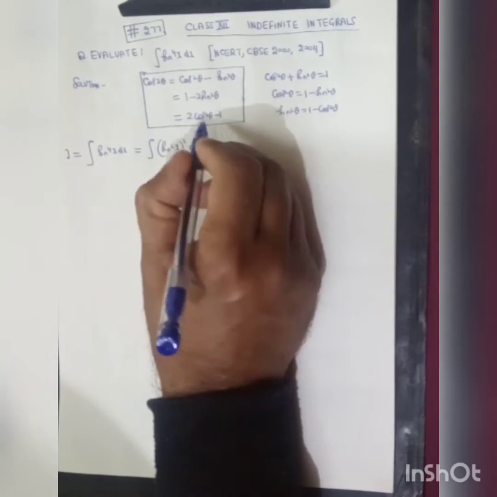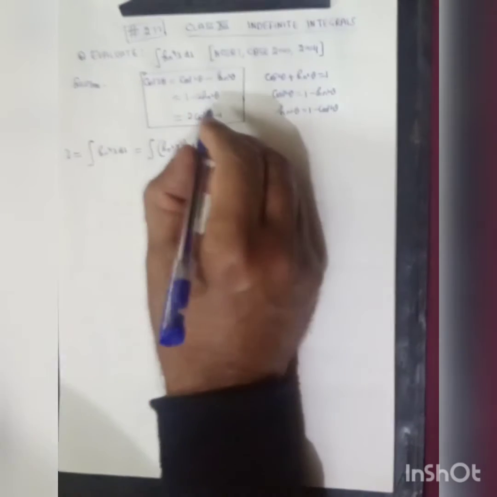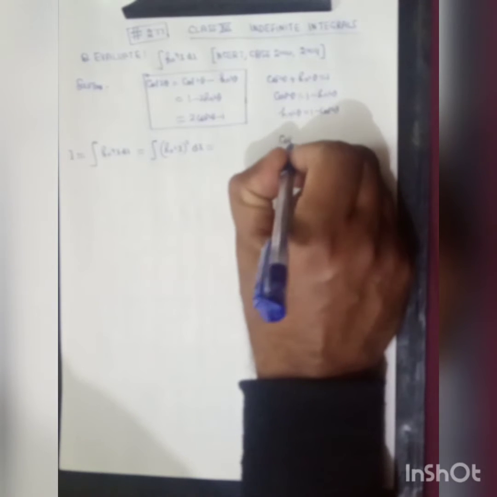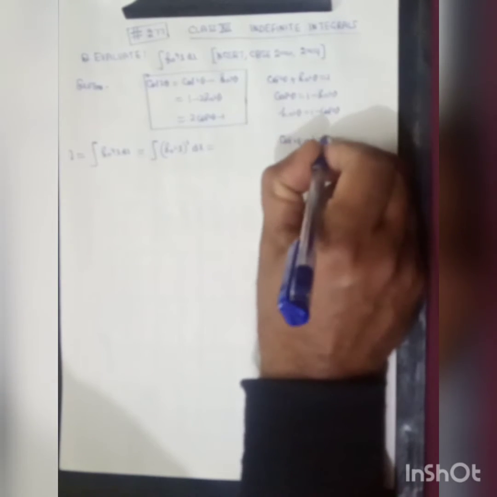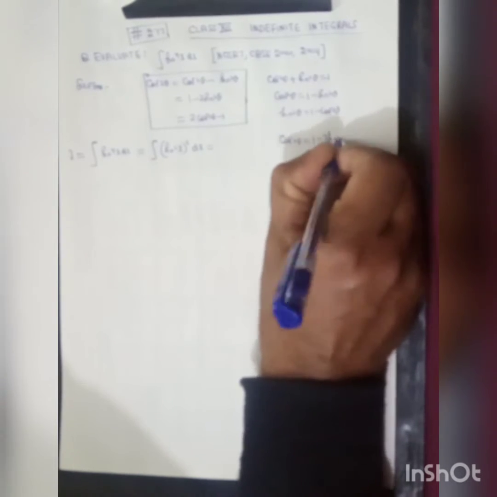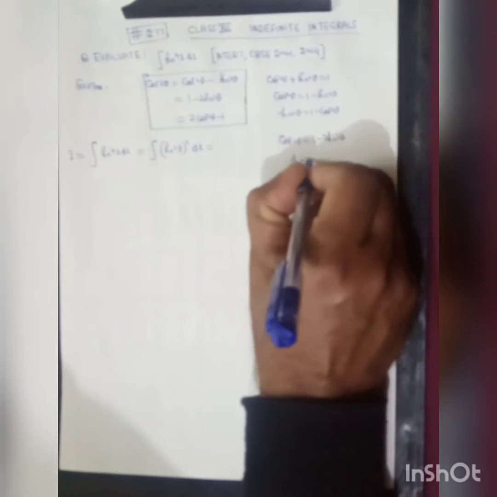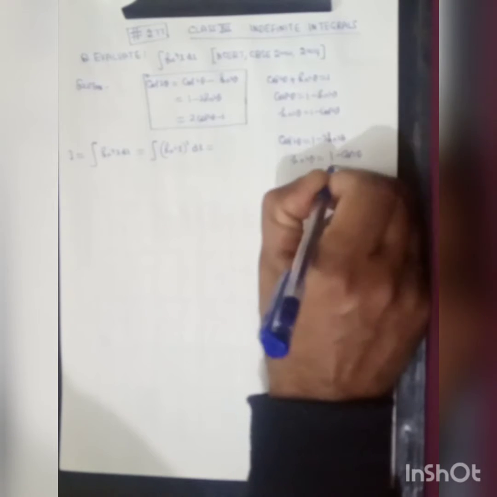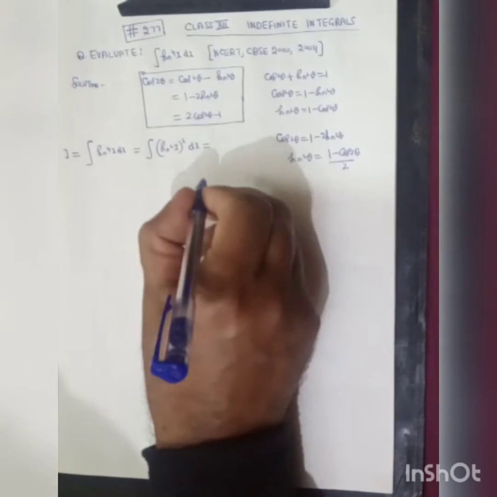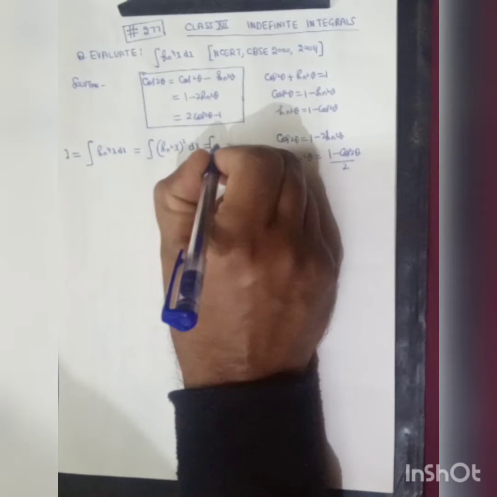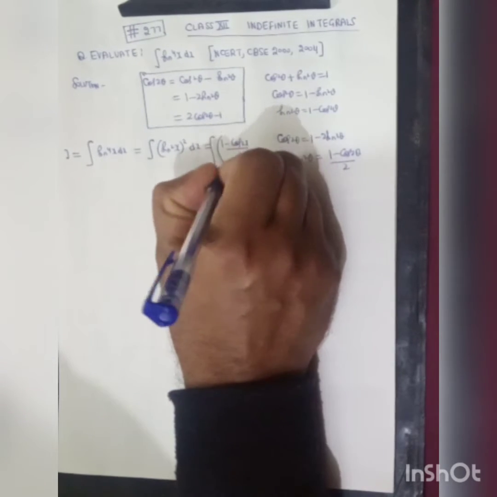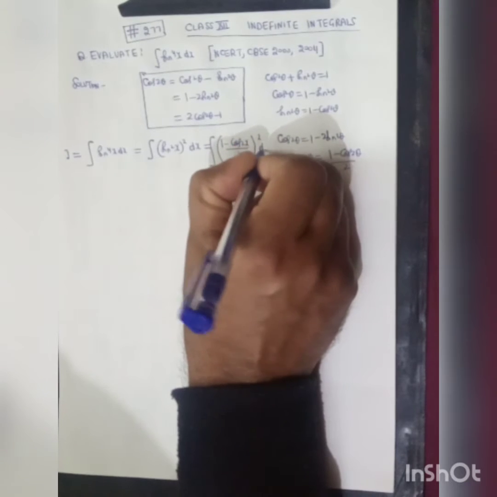For sin²x, because cos 2θ is equal to 1 minus 2 sin²θ, sin²θ may be written as (1 minus cos 2θ) divided by 2. So this can be written as the integral of ((1 minus cos 2x) divided by 2) whole square dx.